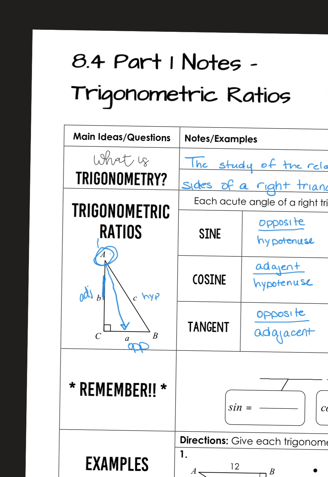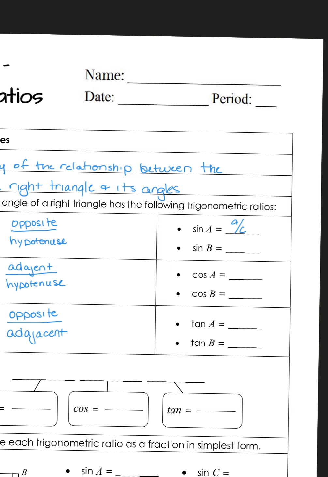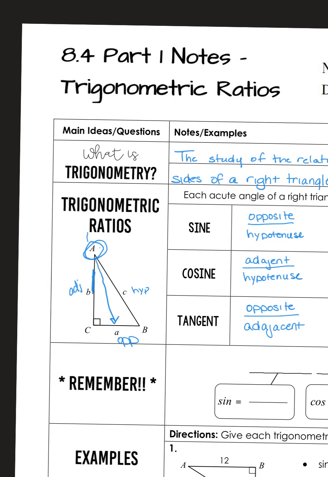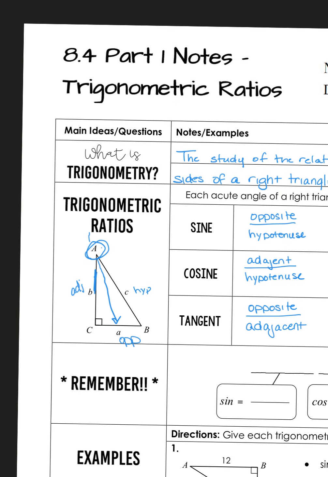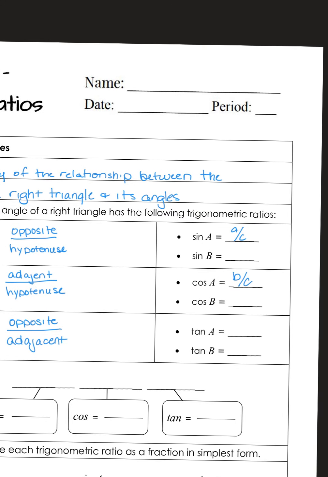My hypotenuse would be the C. So B over C would be my cosine A. And then tangent is opposite over adjacent. So we're going to go opposite, which is the side way over here, and then adjacent. So A over B.